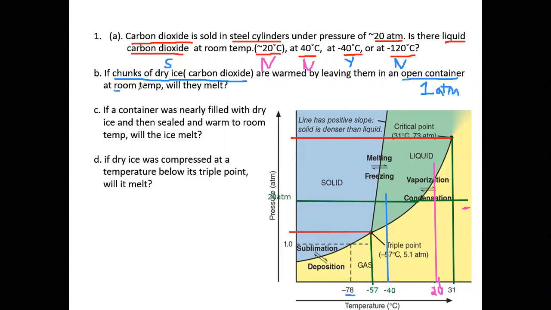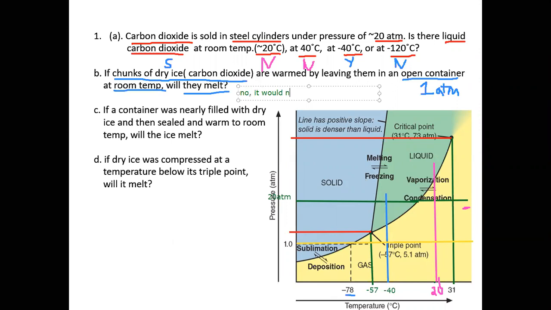And it's at room temp, will they melt? So we draw a line along 1 atmosphere. At 20 degrees Celsius, will they melt? The answer is no, because at 20 degrees Celsius, it's in the vapor state at 1 atmosphere. So therefore, it would sublime.